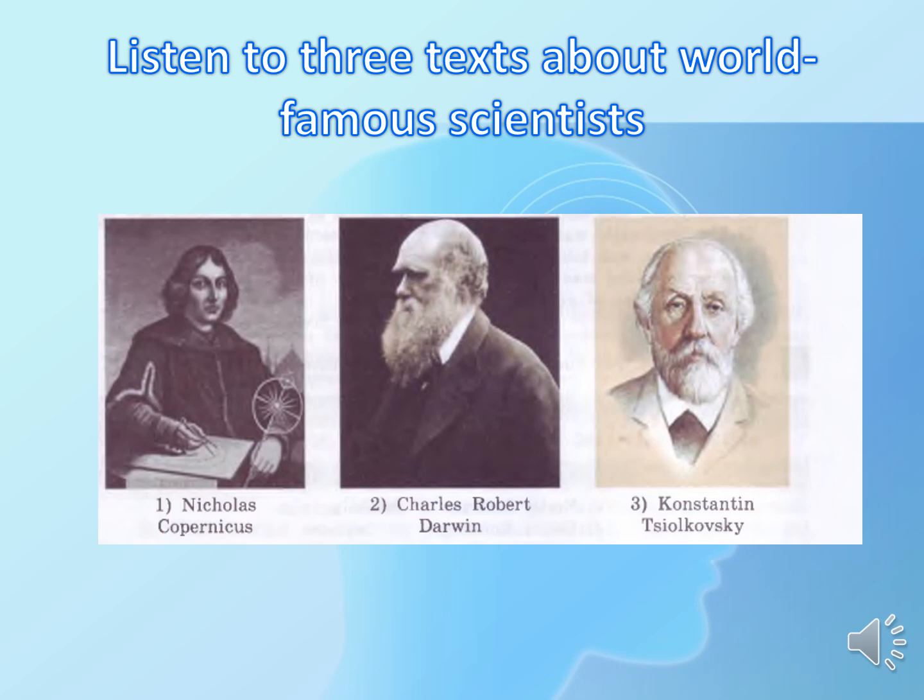Life in the capital of Russia was rather expensive, and in 1876 he left Moscow for Vyatka. Tsiolkovsky began his career as a school teacher, but he was very much interested in astronomy and space. In 1892, he moved to Kaluga, where he lived with his family and began his scientific experiments. He was the first to create a model of a rocket that was able to fly to space.